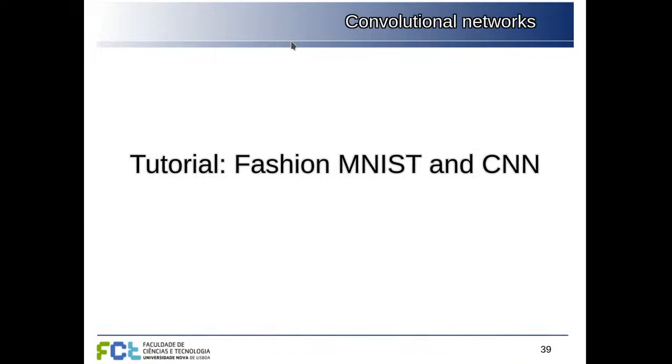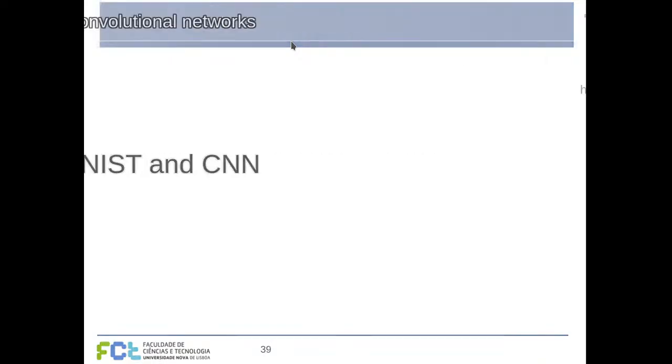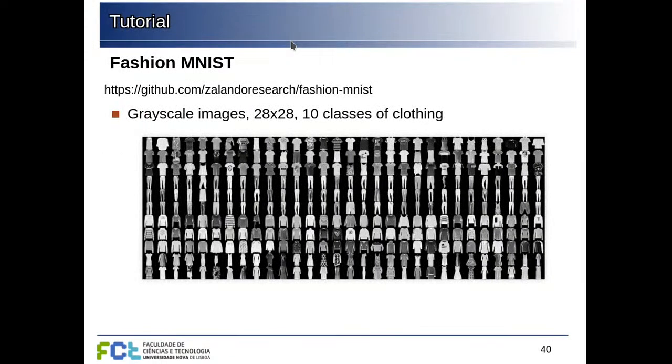So basically what you're going to do is you have a simple first exercise where you're going to re-implement the miles per gallon problem with Keras, just to see how easy it is, but you're going to create this convolutional network for this Fashion-MNIST problem.